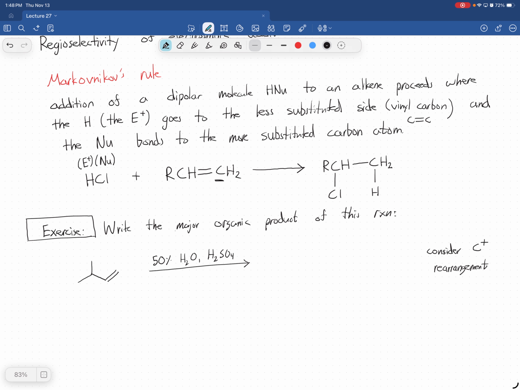This one has no carbon atoms, it has 2 hydrogens. The other one has a carbon group and 1 hydrogen. So the right side is less substituted, so you want to put the hydrogen there. So I would write H there, and over here put H there.